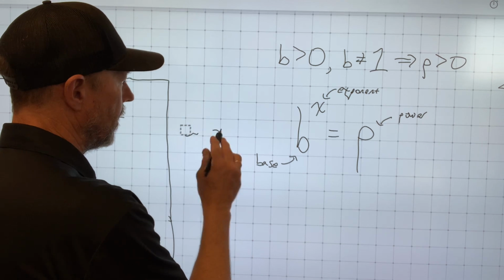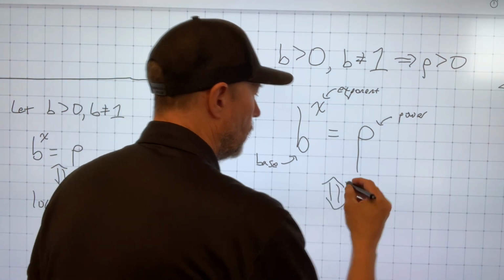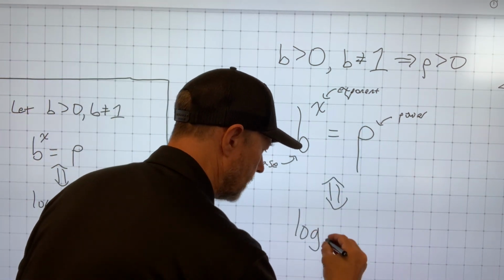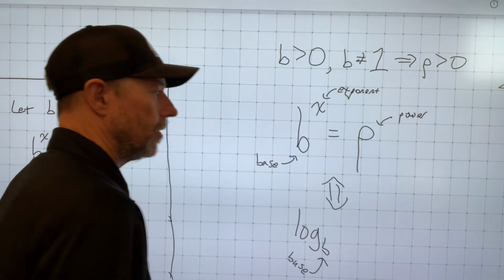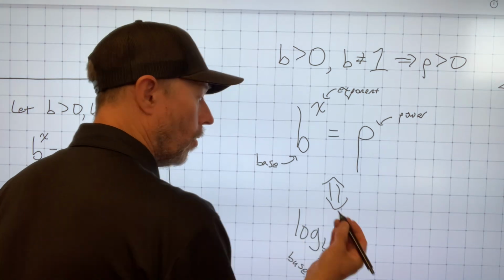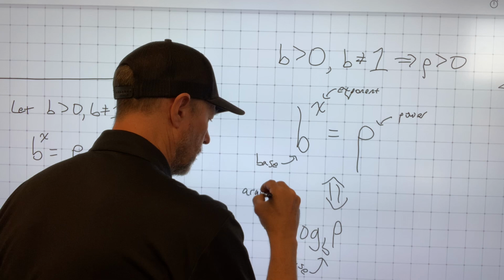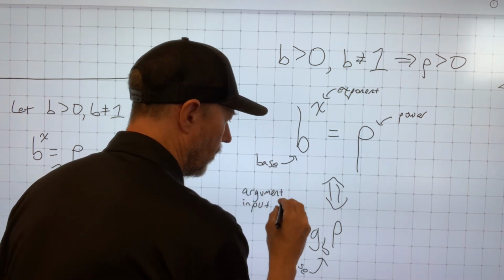Okay, so we're ready for the definition of a logarithm now. So this is true if and only if log base b, so we still call this the base, b is still called the base, but now p is the input of the log or the argument. So now we call the power the argument or input of the log.